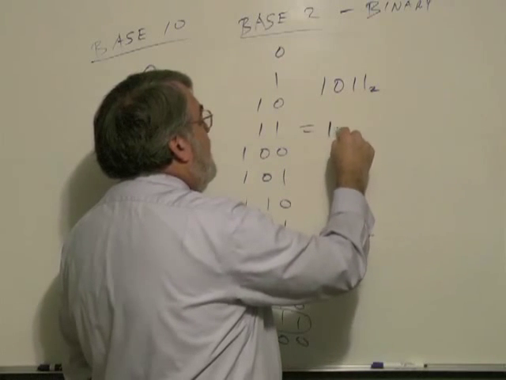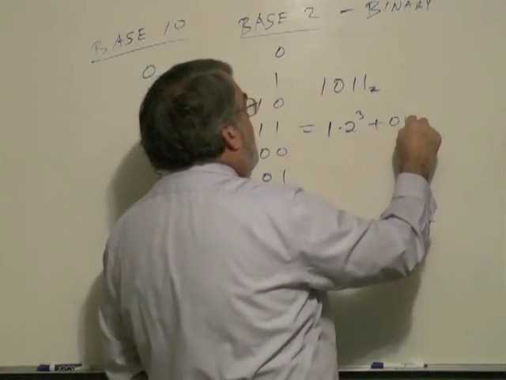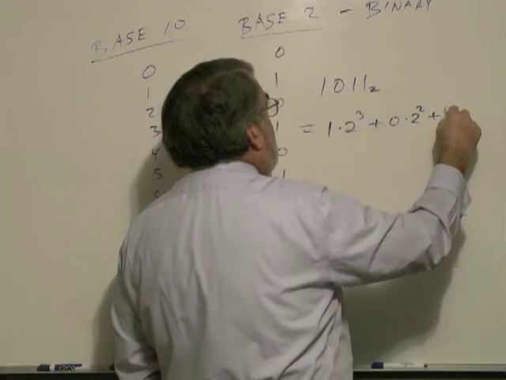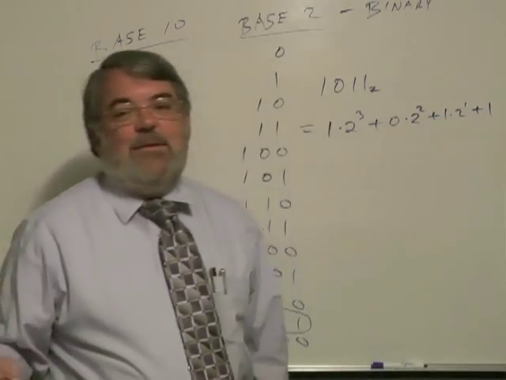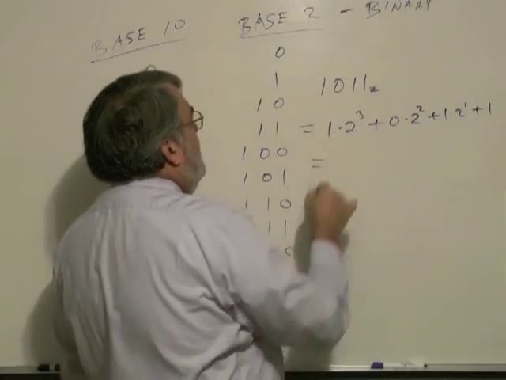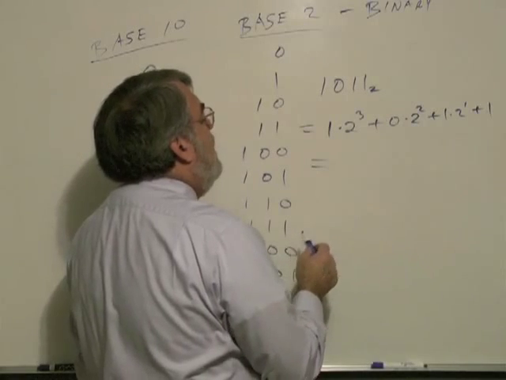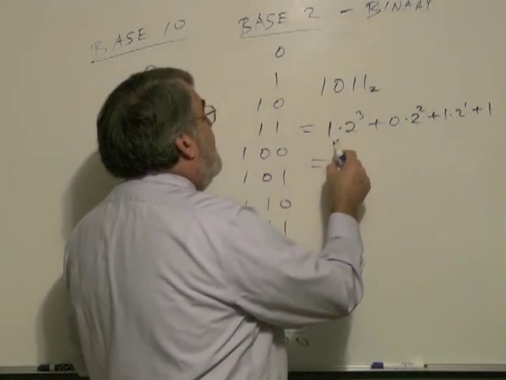So this is equal to 1 times 2 to the third plus 0 times 2 squared plus 1 times 2 to the first plus 1. 1 times 2 to the 0 is just plain old 1. So 1, 0, 1, 1 ends up being this sum here.